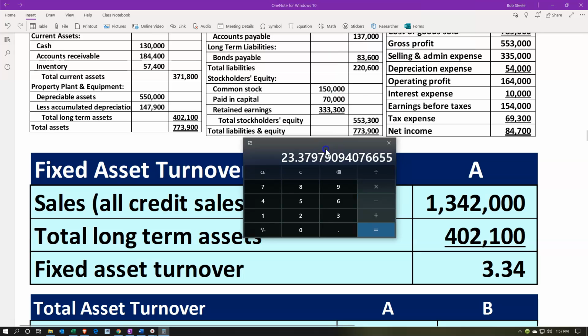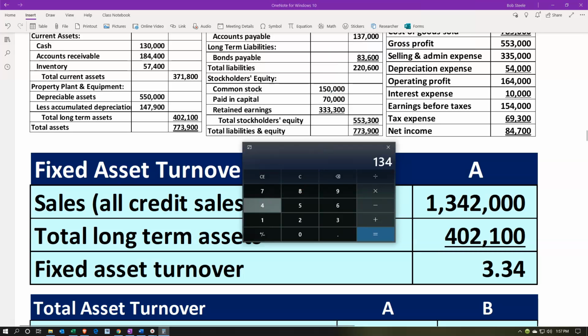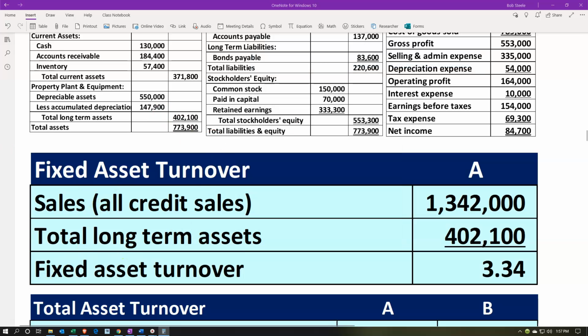Let's do that calculation. We're going to be taking the 1,342,000 divided by the 402,100. That's going to give us about 3.34. Once again, with these turnover ratios, we would like them to be higher rather than lower. We want them to be going up. That would mean we're using our fixed assets more efficiently.